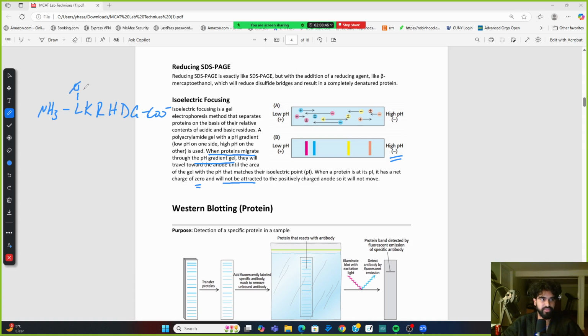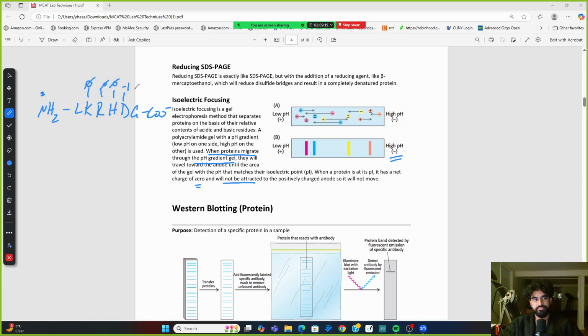My bad. Arginine deprotonated, 0. Histidine deprotonated, 0. Aspartic acid deprotonated, -1. COO minus, and then NH2, which is 0 once again.